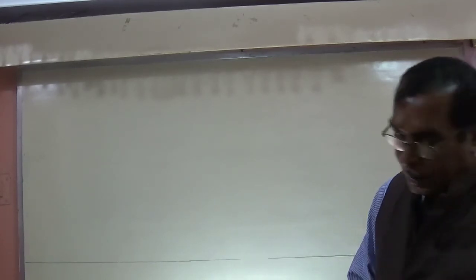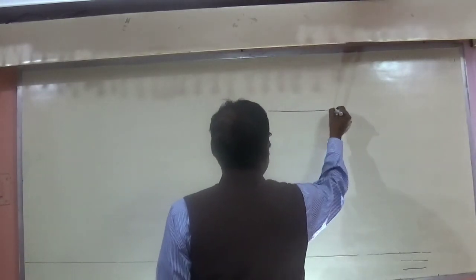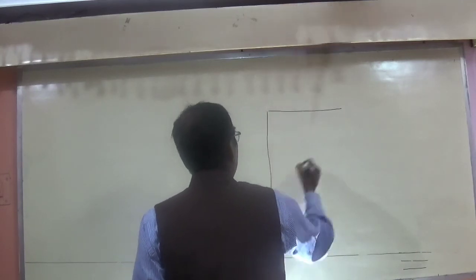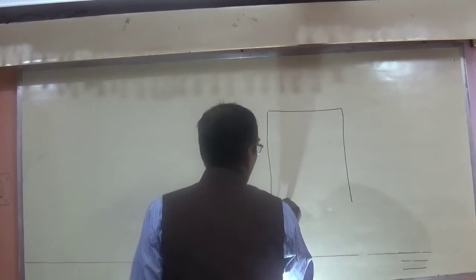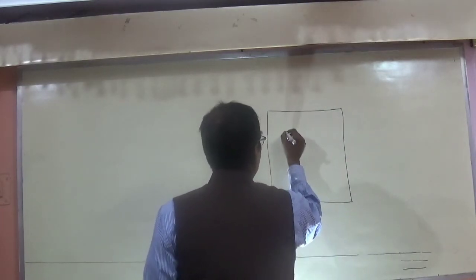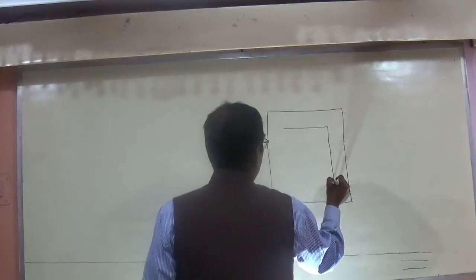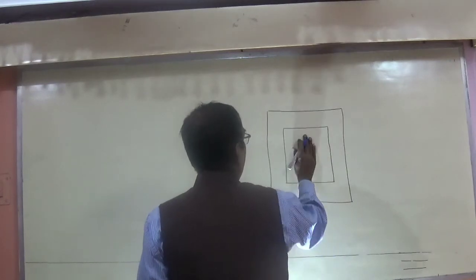So here is a photo frame. Obviously this is not a square photo frame, it is a rectangular photo frame. One border is there like this. This is a photo frame, and here we are actually pasting the photo.